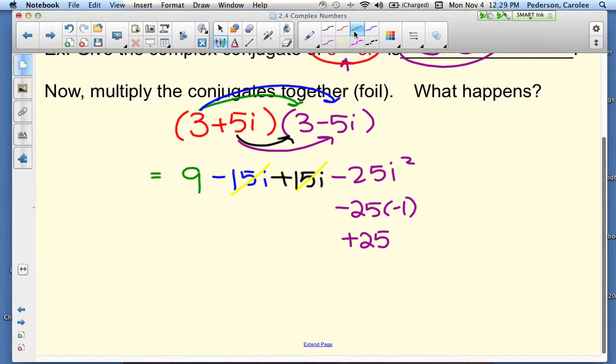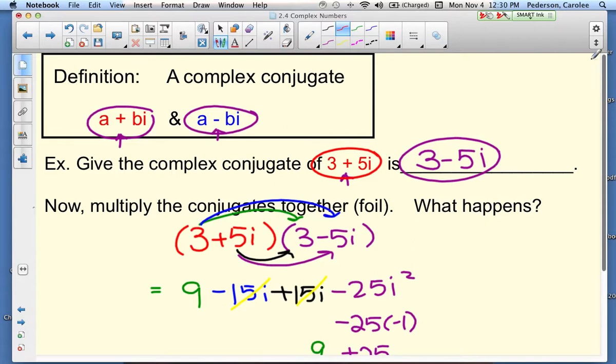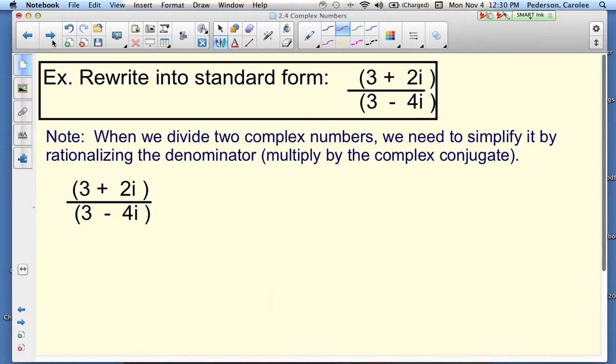And then we have this green piece of the 9. 9 plus 25 is 34. What always happens with complex conjugates is the middle terms will always cancel out. So you only have to worry about first and last.